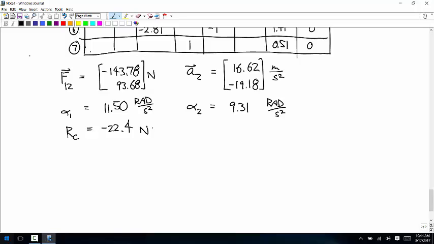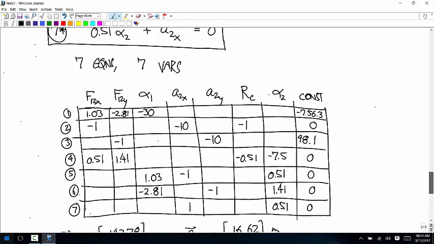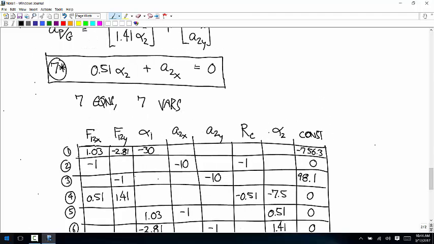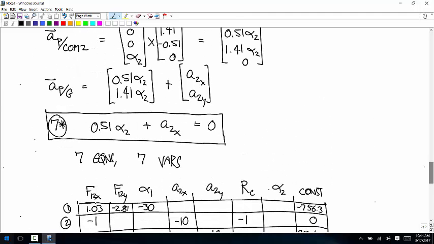And then you remember what we wanted to calculate? We wanted to calculate the acceleration of P. So now you can go back to this expression that we came up with for the acceleration of P relative to the ground. We only need to calculate the y component because we know the x component is 0.